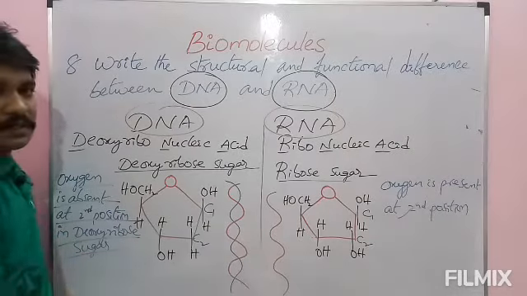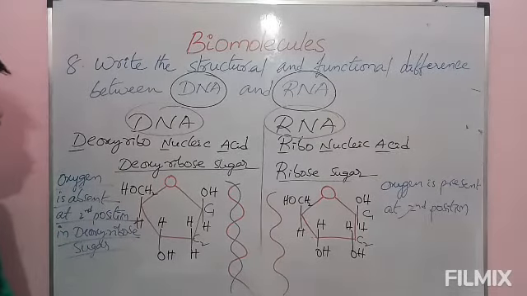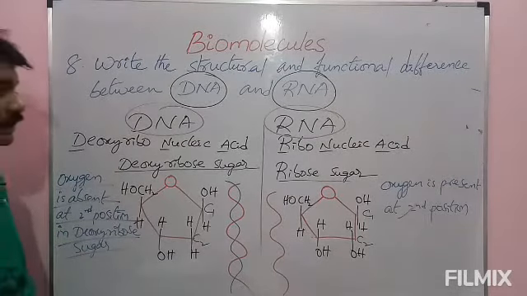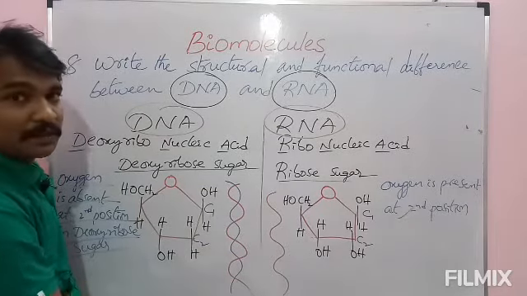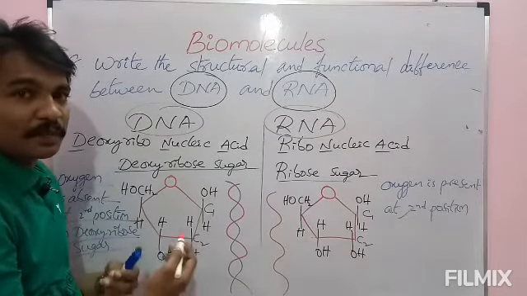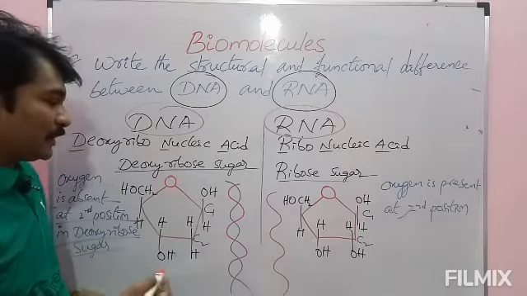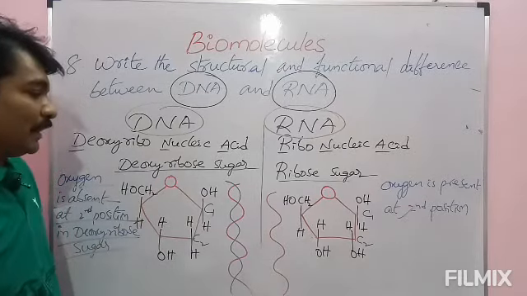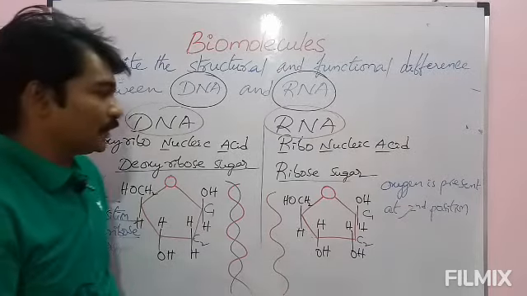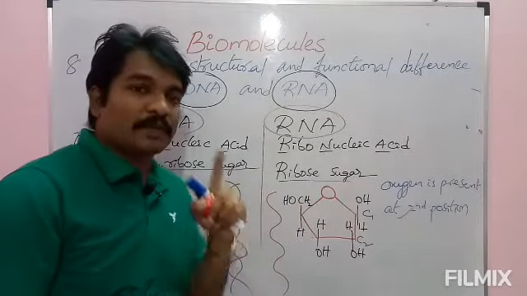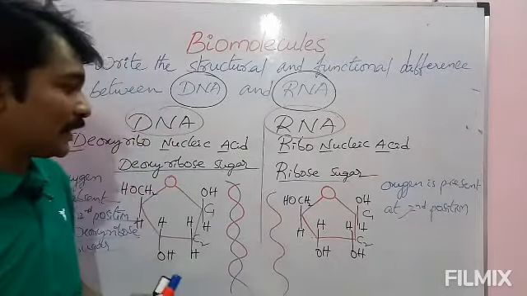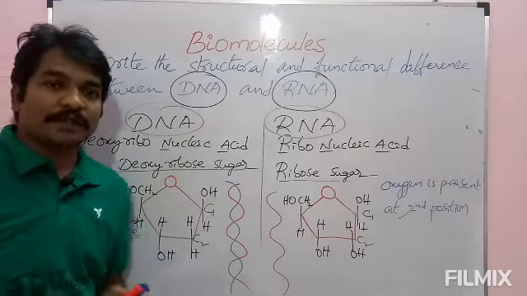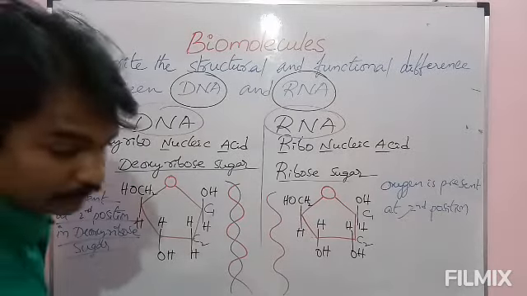That is the major difference in the structure of the sugars. One more difference is that DNA is a double helical structure: two strands in opposite direction spiral with each other. In ribonucleic acid, only one strand is present, no double helical structure. Please note down this one and we will move to the next one.